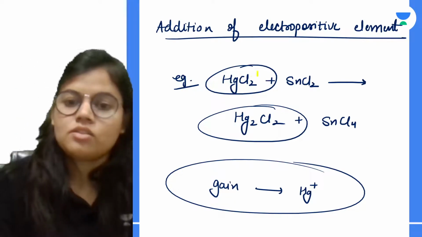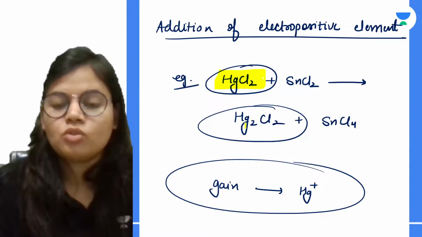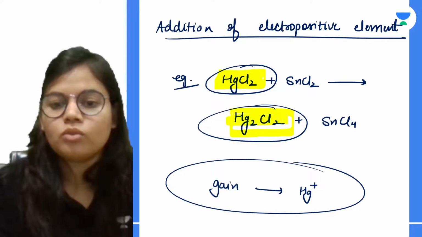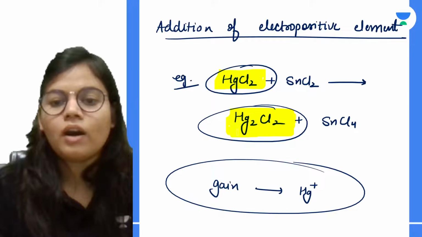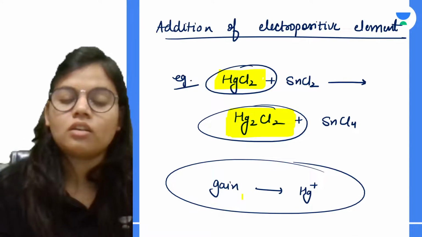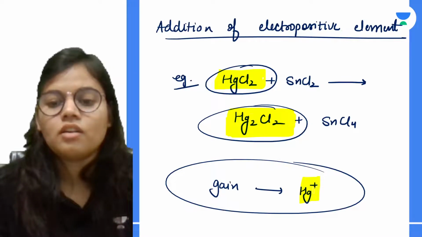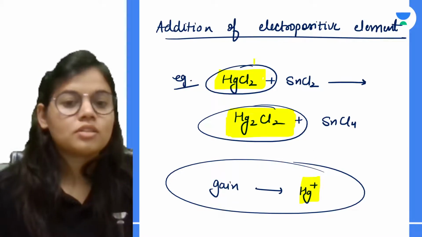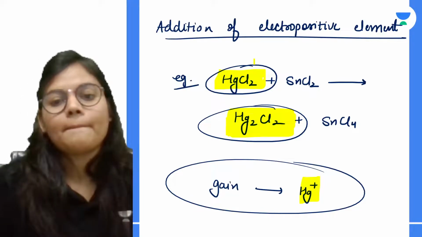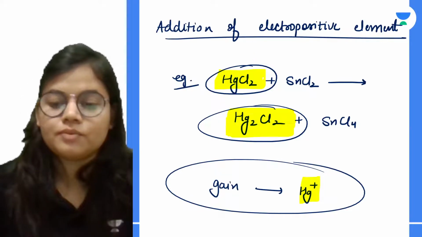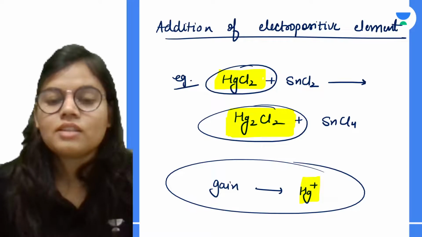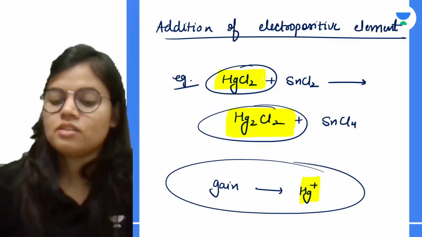So here see HgCl2 to Hg2Cl2. We are having one extra mercuric ion, which is an electropositive ion. So addition of an electropositive ion is again the reduction process. So these are the basic definitions.